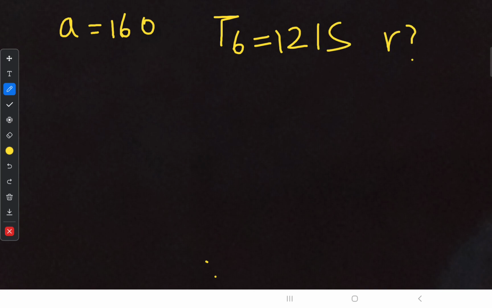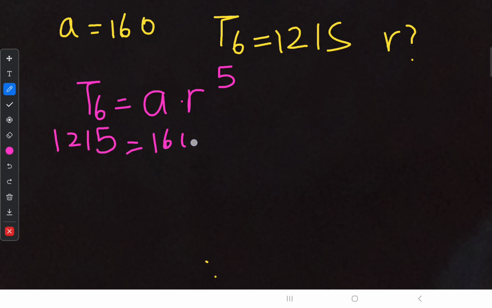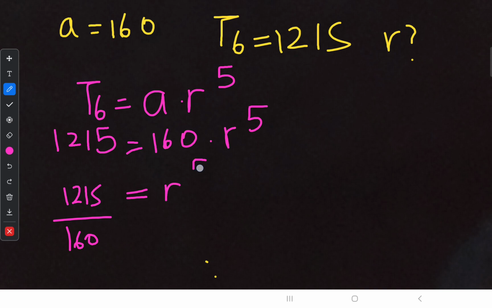So T6 is a into r to the power of 5, 1215 equals 160 times r to the power of 5. We will simplify this. 1215 divided by 160, we can simplify this as much as we can.